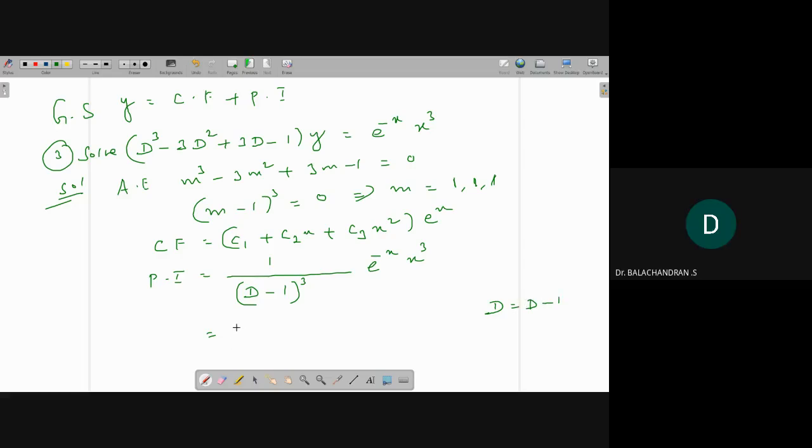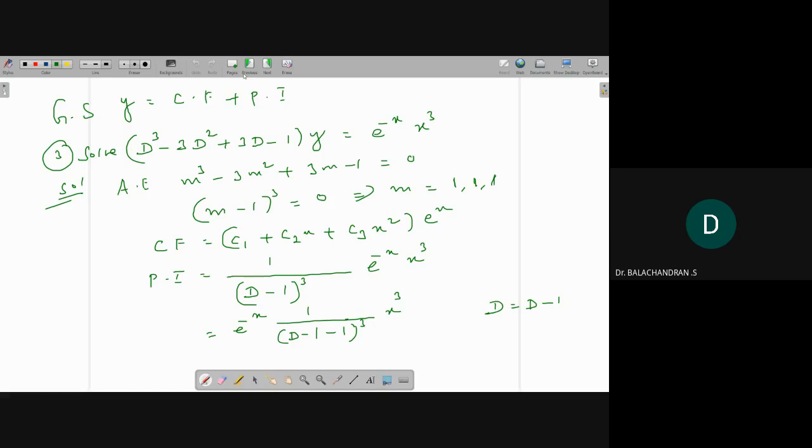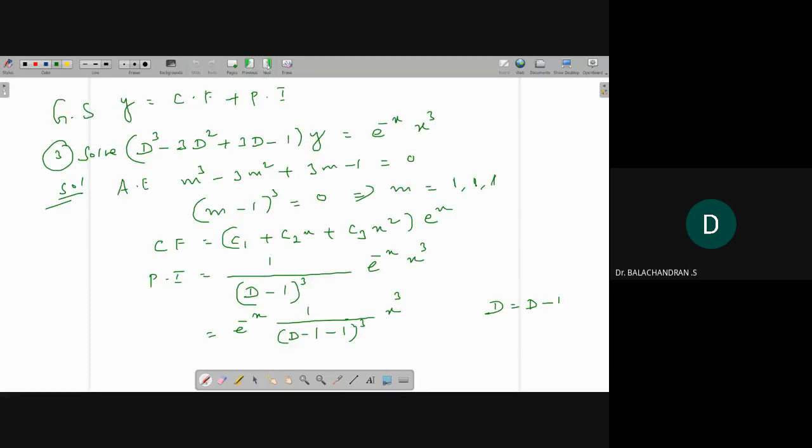Okay. e power minus x into 1 by (D minus 1 minus 1) whole cube into x cube. So which is equal to e power minus x into 1 by (D minus 2) whole cube into x cube.